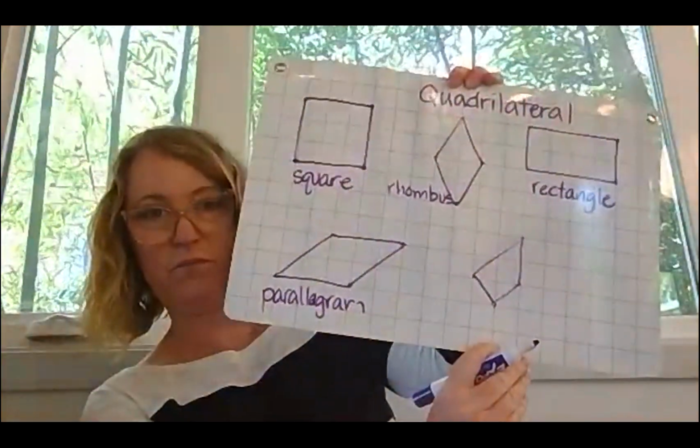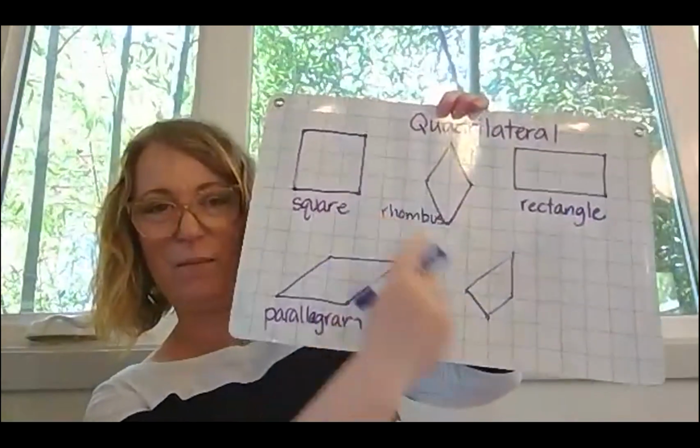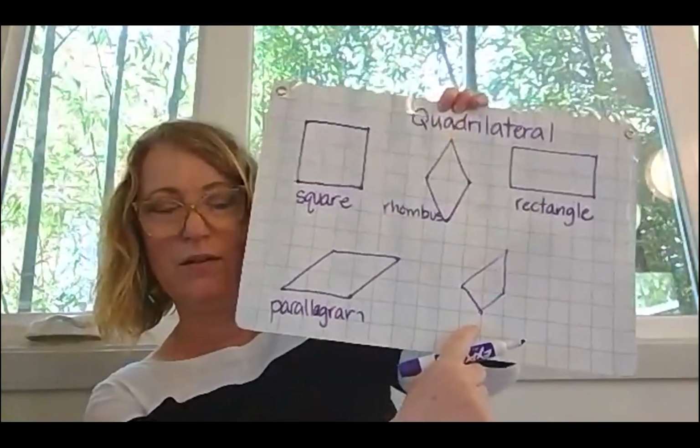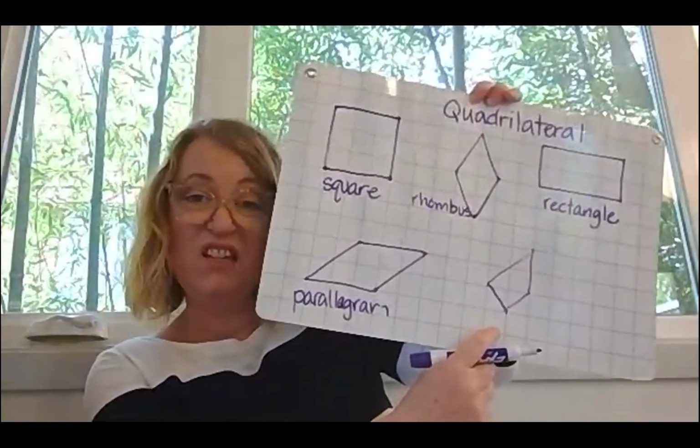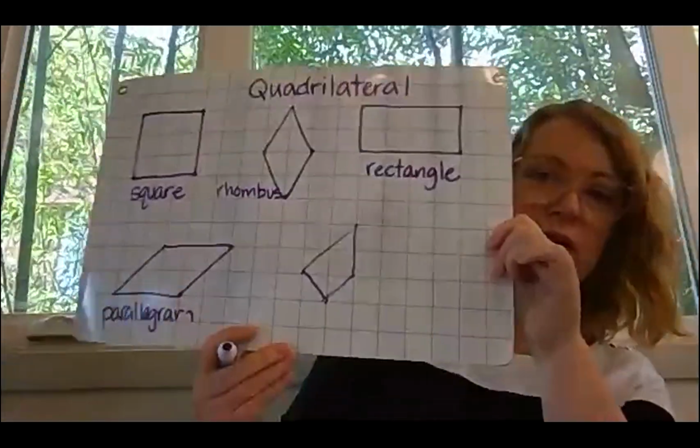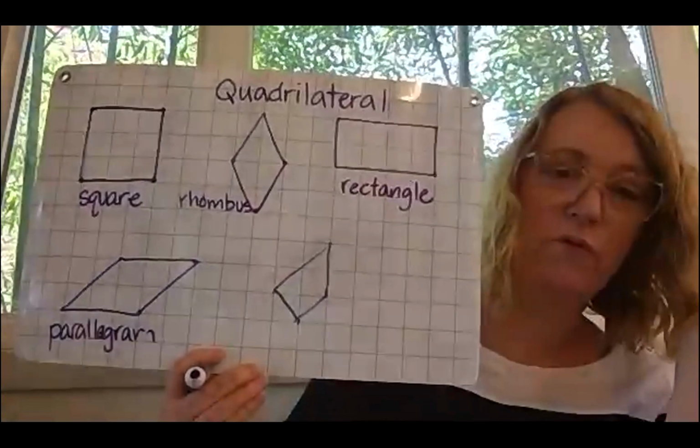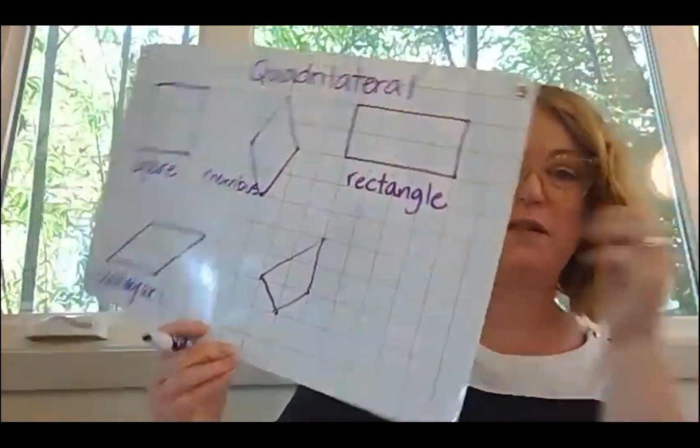There we go. It kind of looks like a rhombus, but it's not really a rhombus. So what do we call this thing? It's just a quadrilateral, a 4-sided shape with 4 vertices. I didn't draw my lines very straight because I was trying to do it while I was holding the thing up, but you guys can get the point.